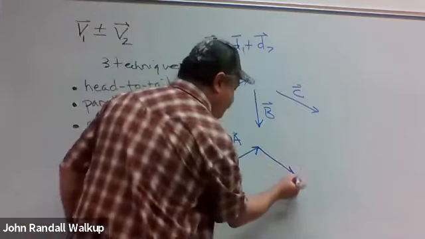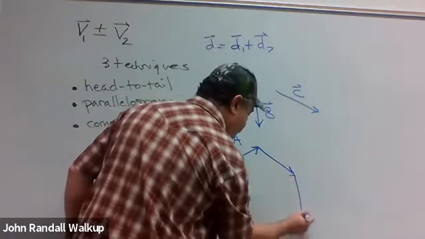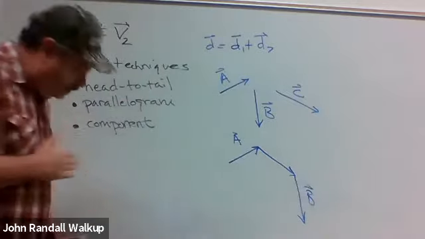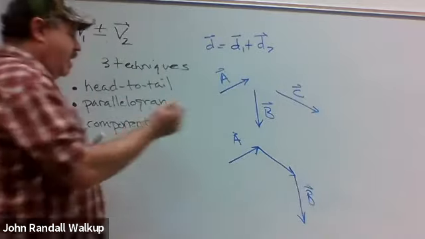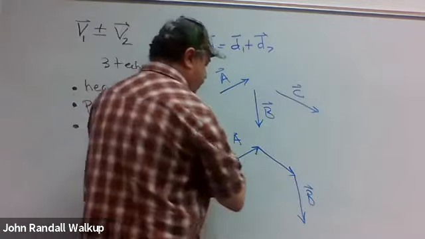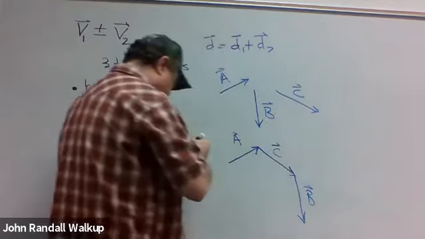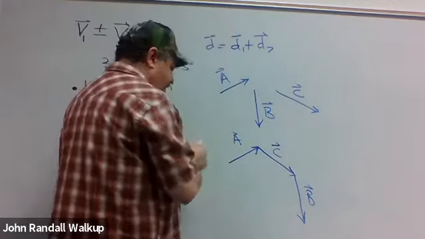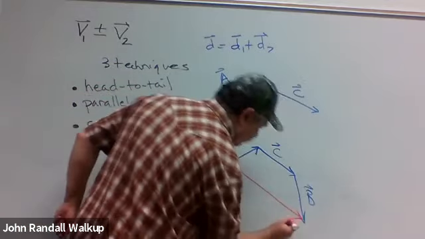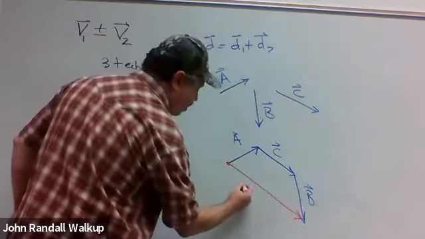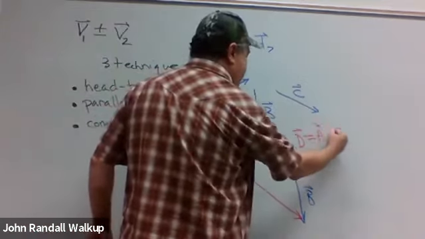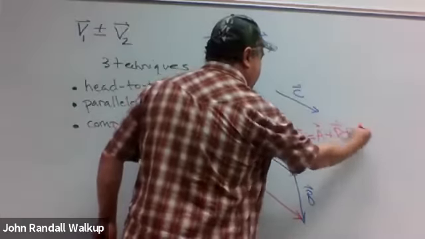And then B. And when I add A, B, and C, oh, I forgot to mark this one. I get this vector from start to finish. We'll call this D. D is A plus B plus C.